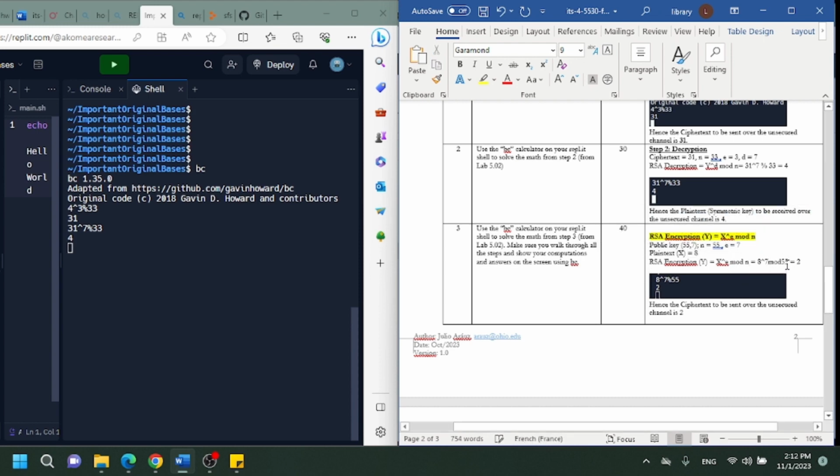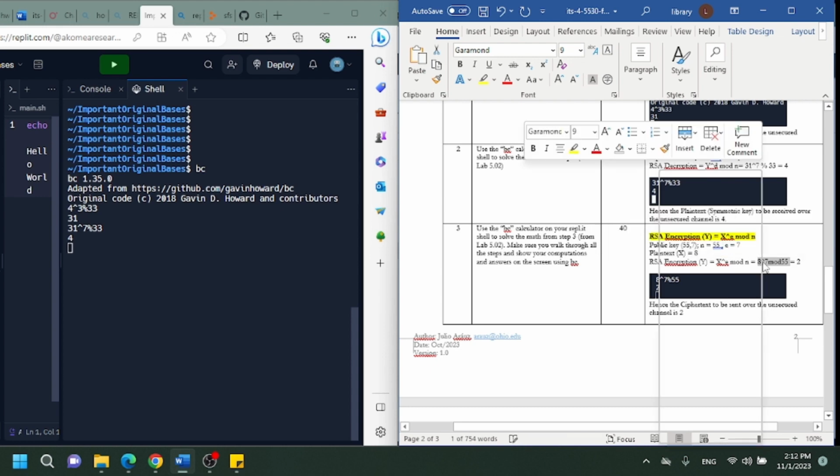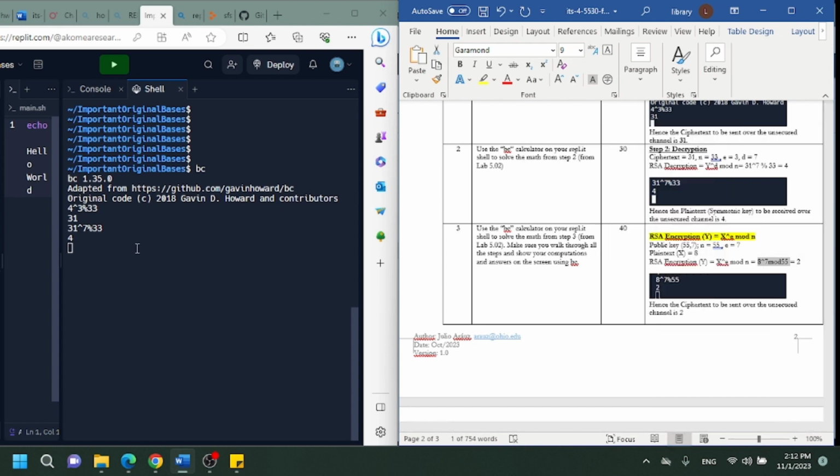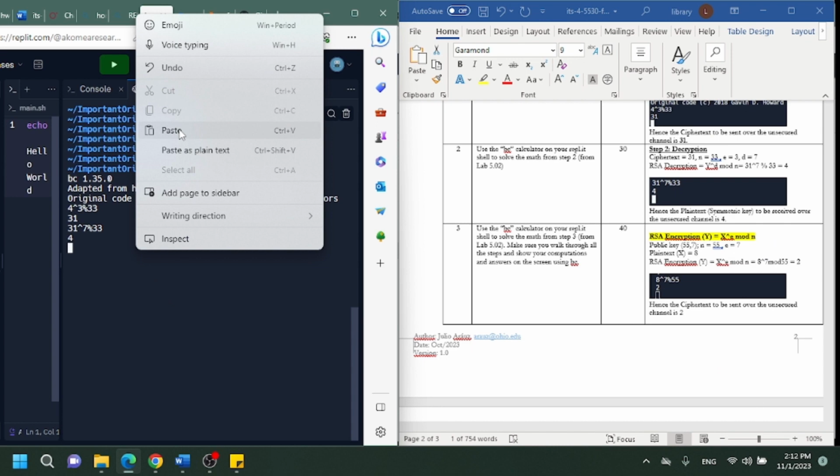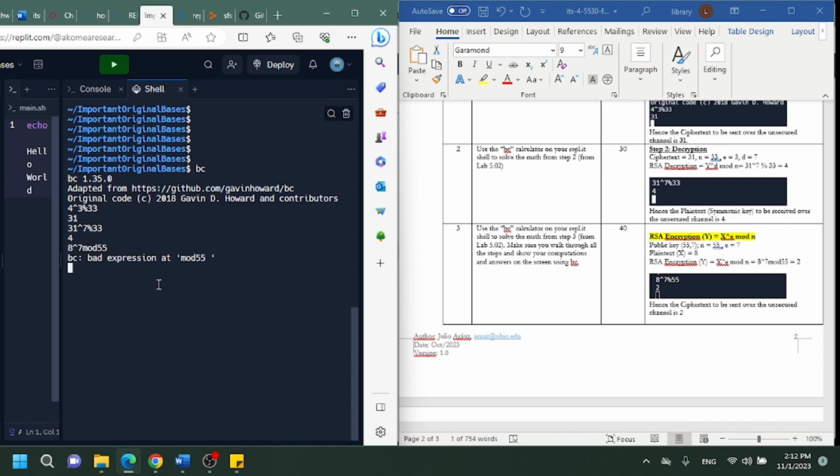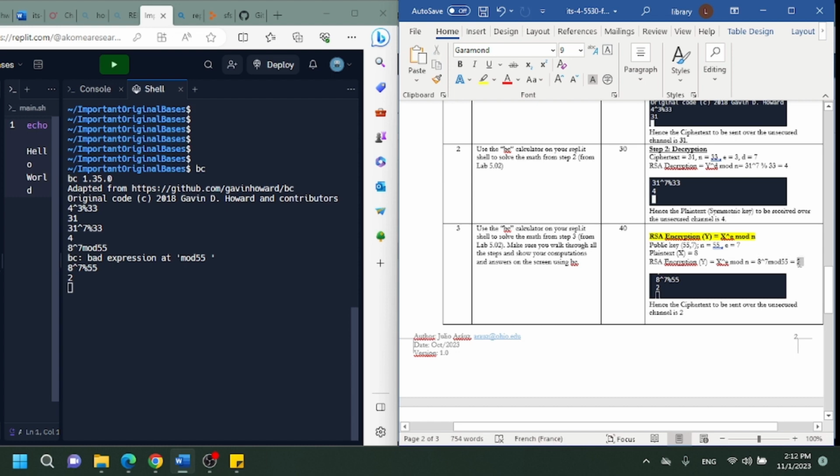So we take this and raise 8 to the power 7, paste, compute. Oh, sorry, we have to input the modulus. So percent sign, and then 55. So our ciphertext is 2. We take 2, and that will become the ciphertext that we send across.